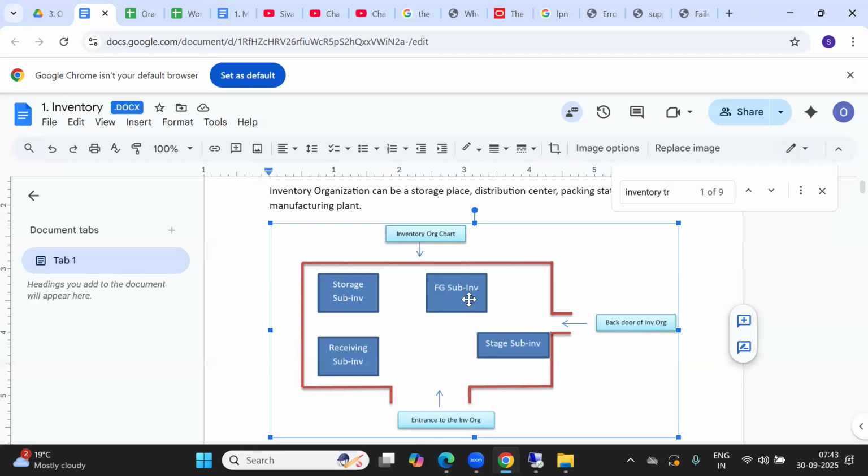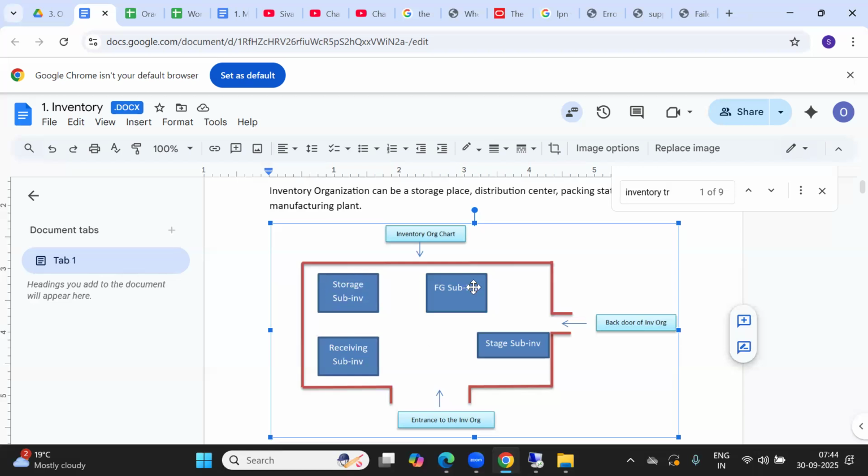First of all, physically they have moved the 100 quantity from the storage to FG, and they are trying to create a sales order. They created it, but when they perform pick release, we might give pick release sub-inventory FG, but systematically the quantity still exists in storage only.